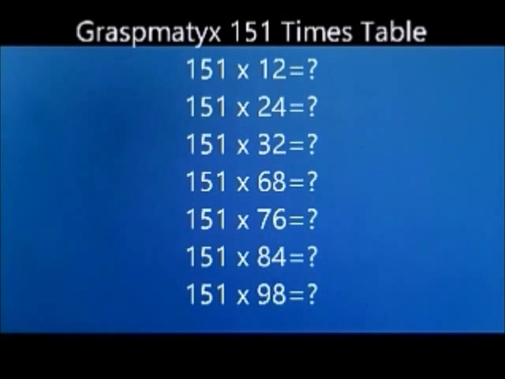The numbers are 151 times 12, 151 times 24, 151 times 32, 151 times 68, 151 times 76, 151 times 84, 151 times 98. These are the numbers we are going to be multiplying on this day.